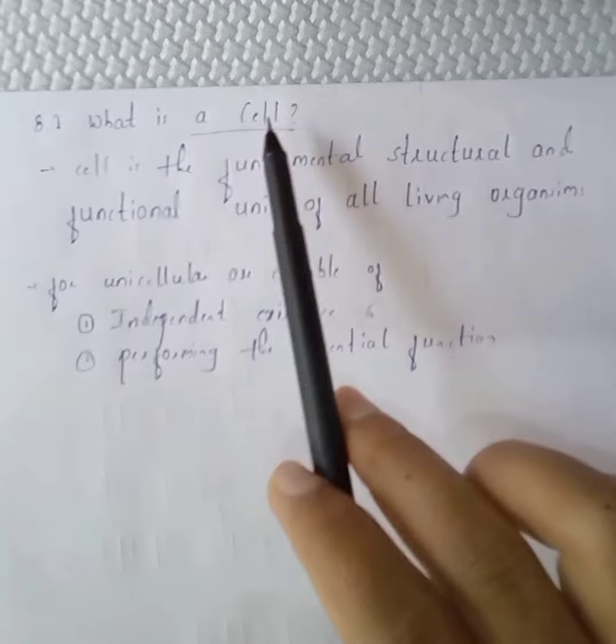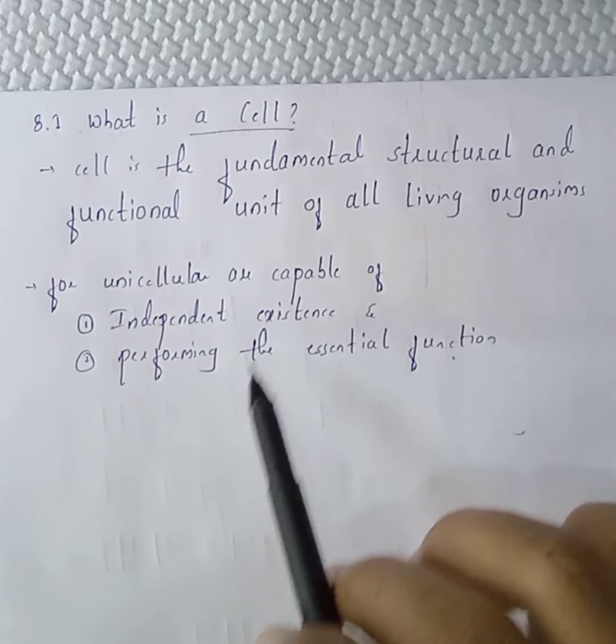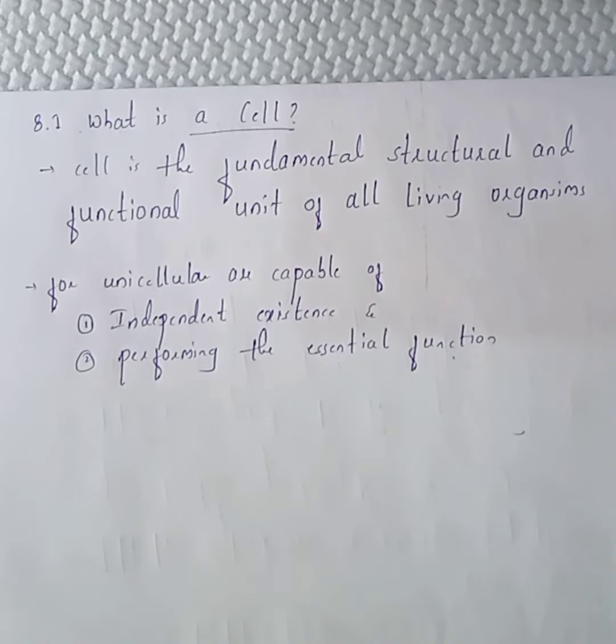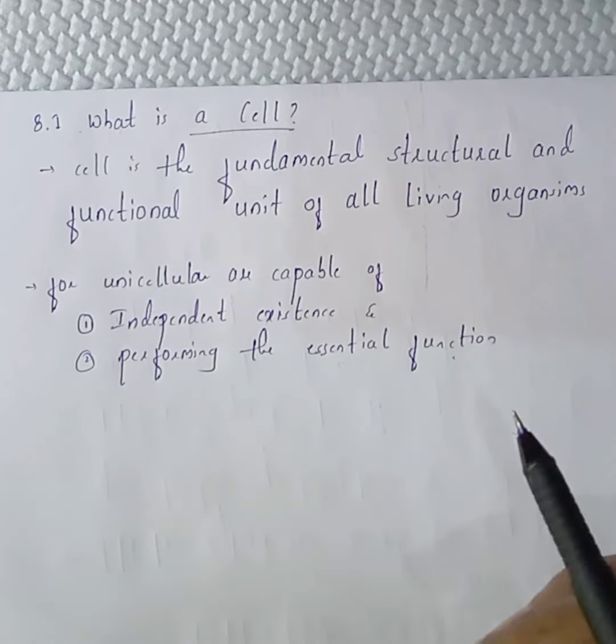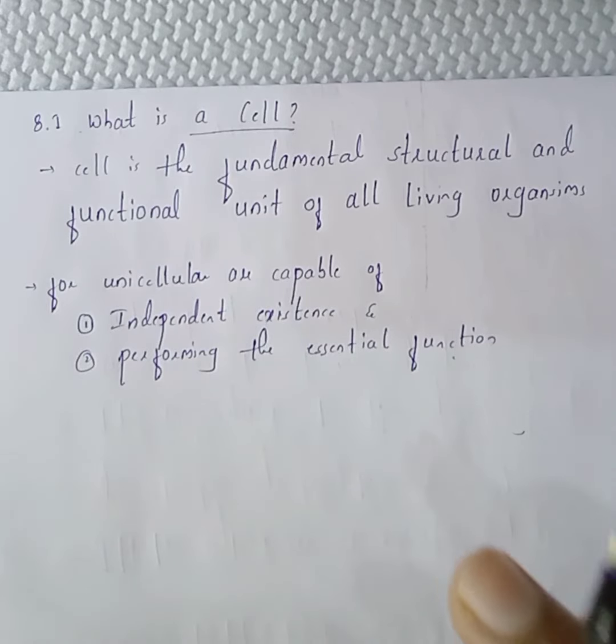That's why they call it the structural and functional unit of life. If one system, such as digestion, respiration or excretion, is not correct, then the cell cannot exist independently.